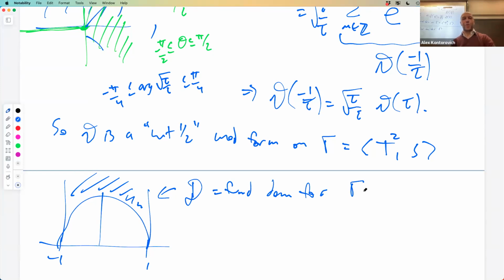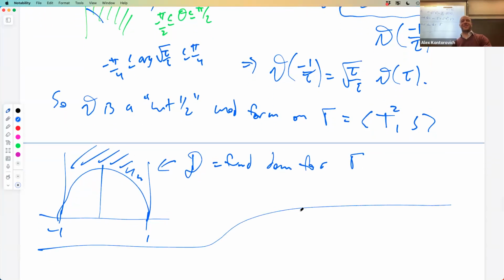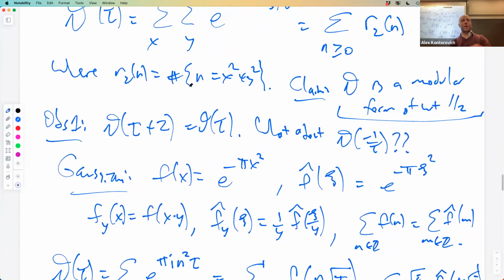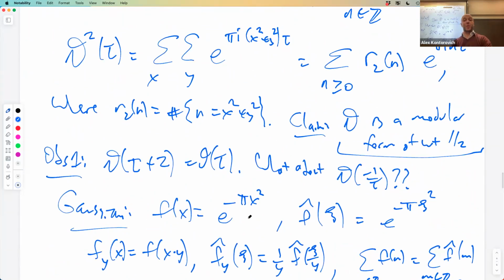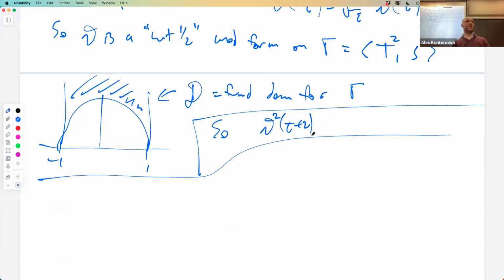Okay, we're almost done. There's another function that is its own Fourier transform. I want to access this theta squared. So what do we know about theta squared? So theta squared of tau plus 2. Well, theta of tau plus 2 itself is theta of tau.